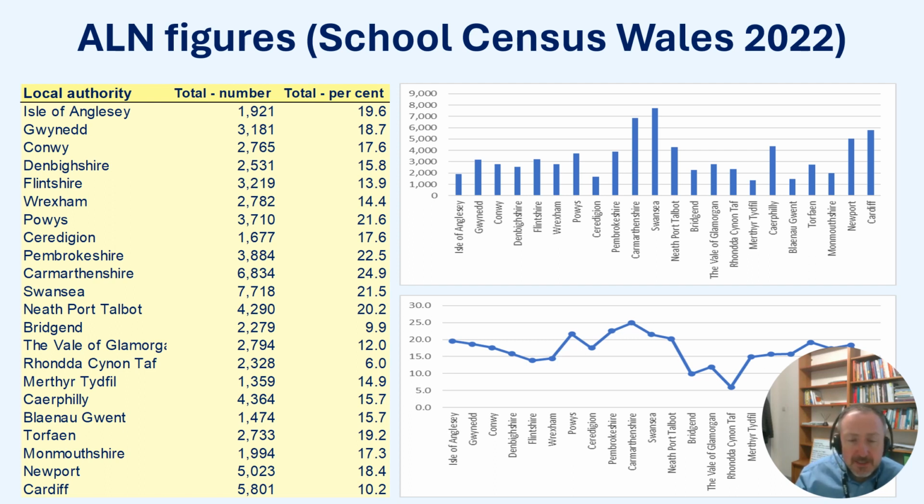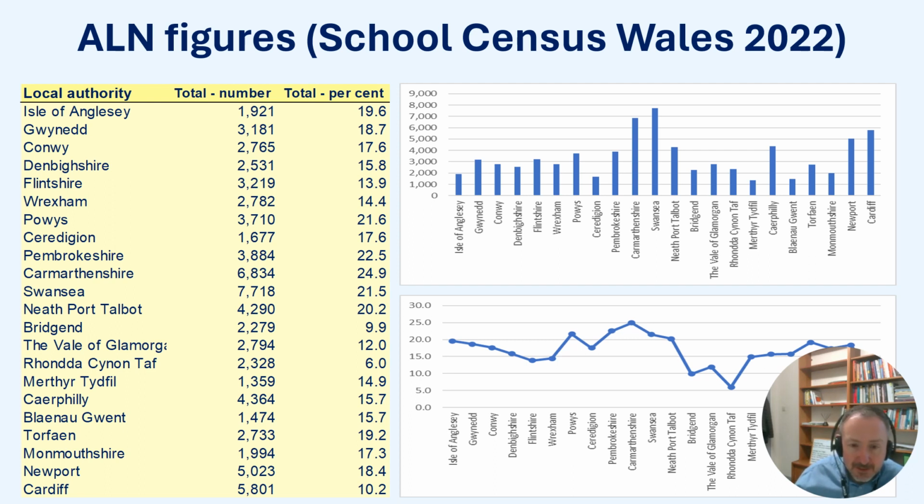Also, we looked at this slide very briefly, and again I'm aware that many of you come from outside of Wales and the UK, so the names of these local authorities aren't going to mean an awful lot to you. However, just to show on this table on the left hand side that there are differences in the number of learners who are categorised as having an additional learning need across different parts of the country.